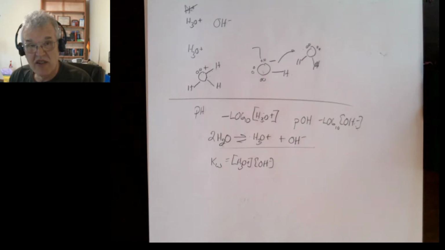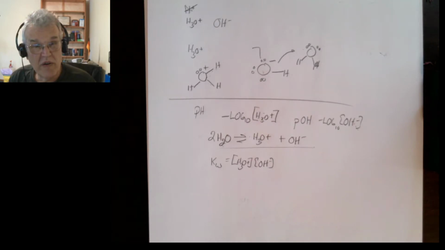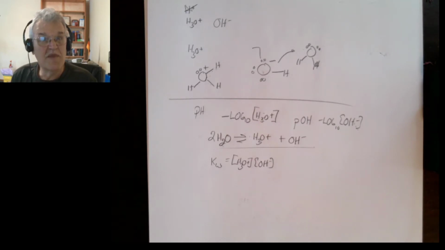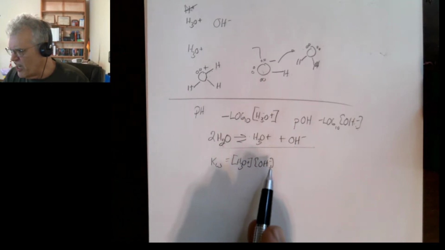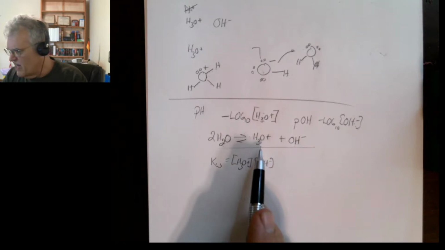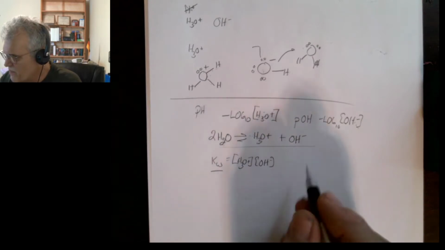So if a liter is 1,000 grams, and each mole of water is 18.01 grams, we can figure out how many moles of water there are in a liter of water. And that's the molarity of water, moles per liter. Turns out it's about 55.6 molar. And that doesn't change when we have a tiny bit of the hydroniums and hydroxides that show up. So this is a constant.